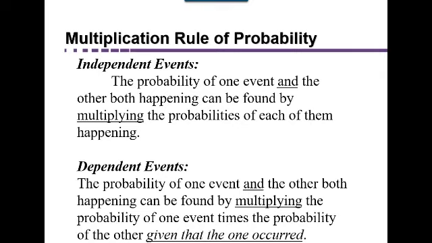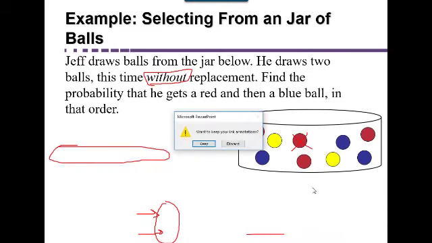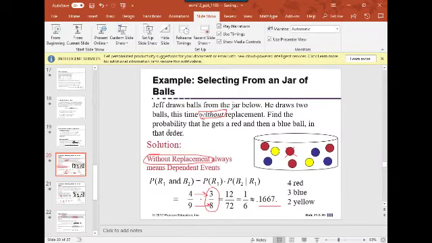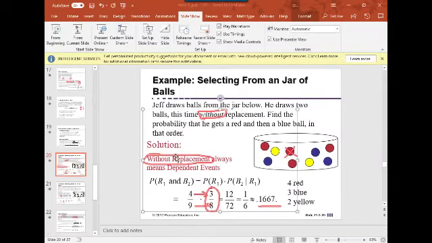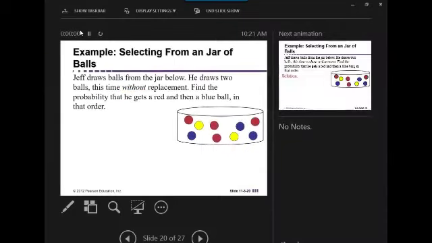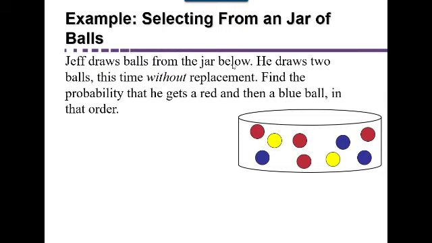All right, so again, for independent events, the probability of one event and the other both happening can be found by multiplying the probabilities of each of them happening. If you have dependent events, then you have to multiply the probability of one by the probability of the other, given that the first has occurred. Oops, another messy slide. I need to clean these up.